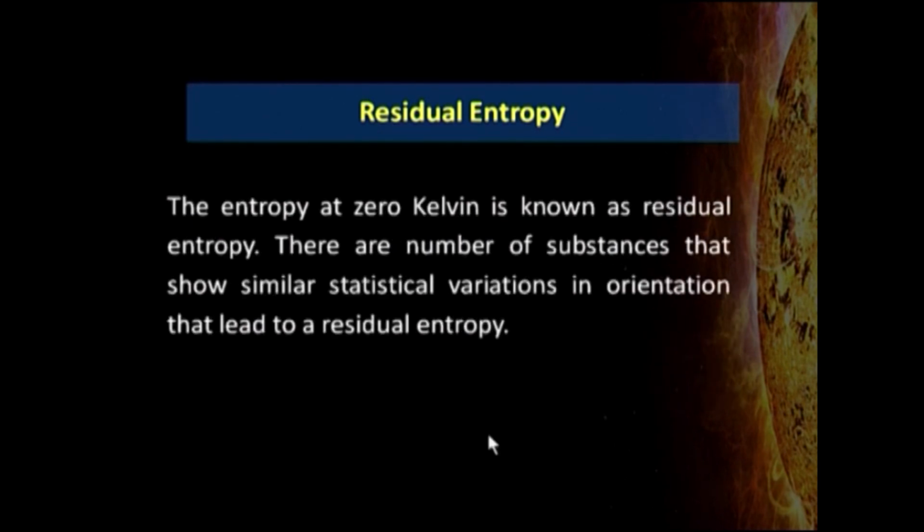The entropy at 0 Kelvin is known as residual entropy. There are a number of substances that show similar statistical variations in orientations that lead to a residual entropy. A common example is the case of carbon monoxide, which has a very small dipole moment.